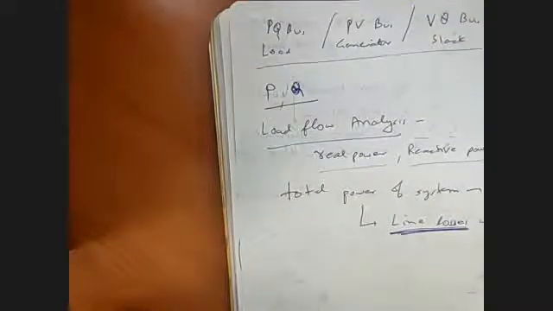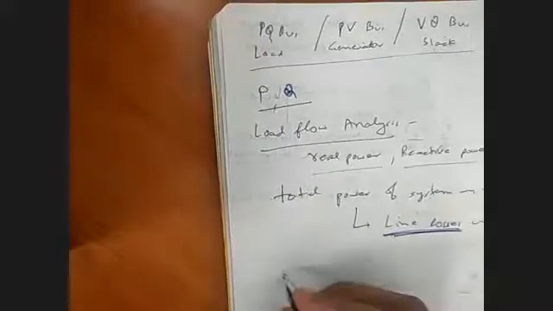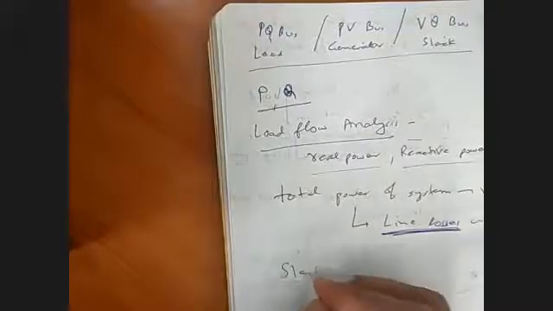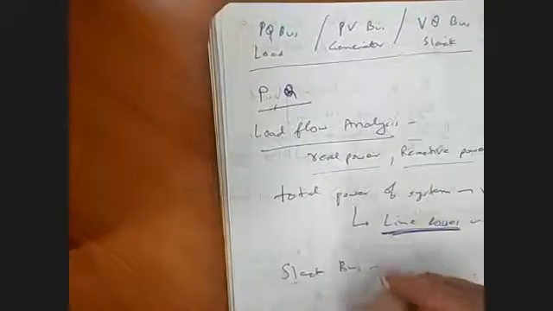The complex power at the slack bus is generally considered as your variable, which will be changing, because at the slack bus we have both real and reactive power unknown.